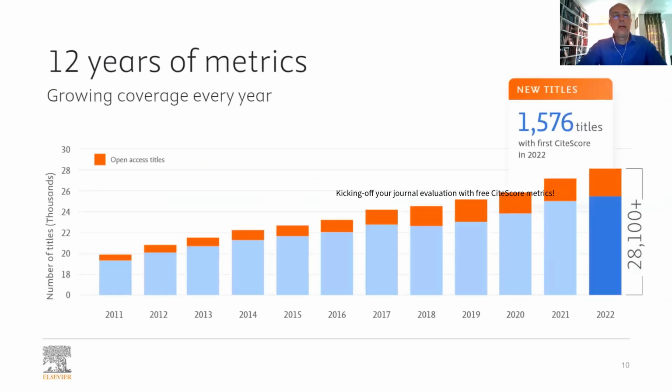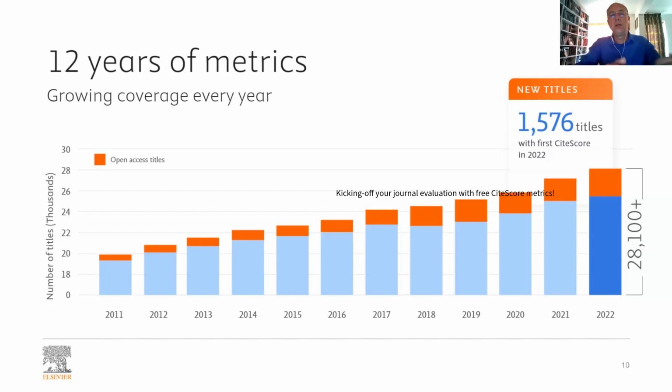If you basically look back to 2011, again, the range we cover with CiteScore metrics, you see we're growing every year with about 1,000 titles. That means that we have over 1,000 extra titles, but it also means that sometimes journals that get either discontinued or merged or get another title or are being linked to other titles, they do disappear from the CiteScore metrics, but they stay in scope.